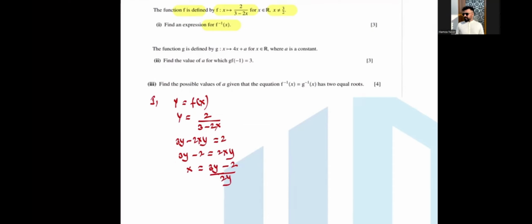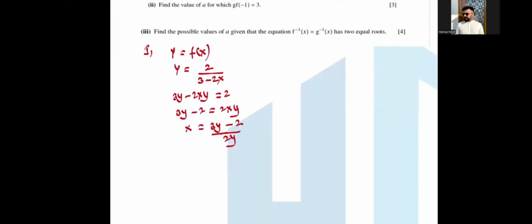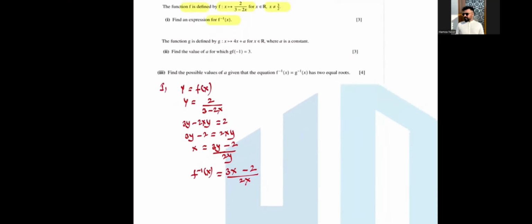And now in place of x, I'm going to write f inverse x, and in place of y, I'm going to write x. So f inverse x is equal to (3x minus 2) completely divided by 2x.